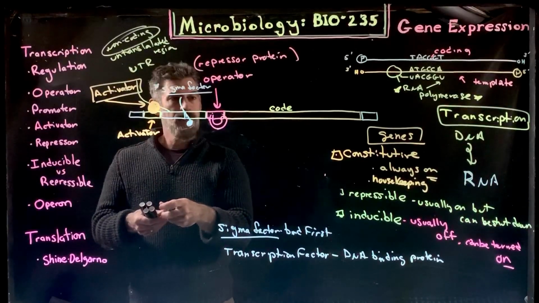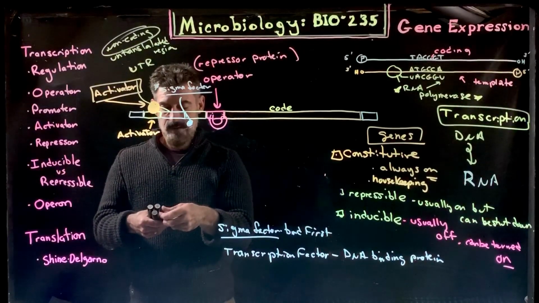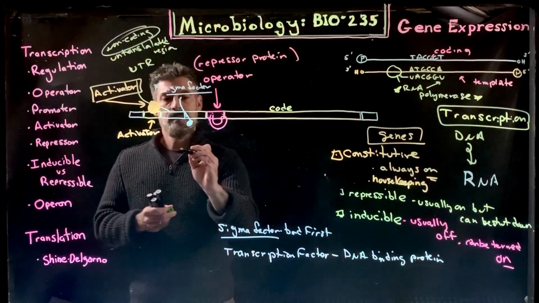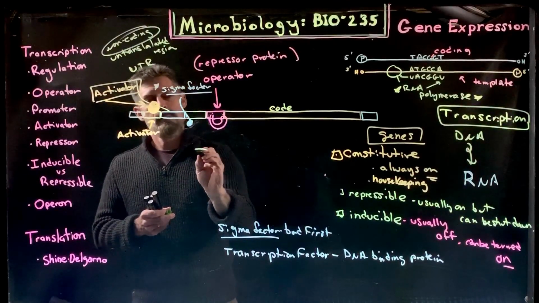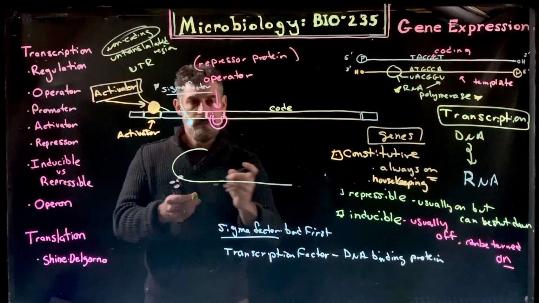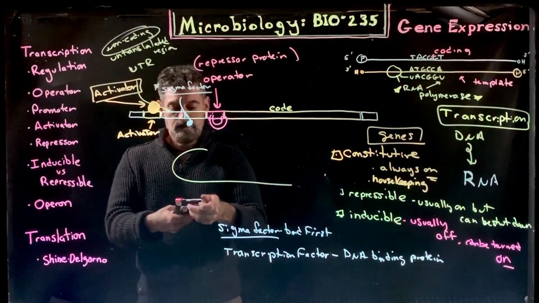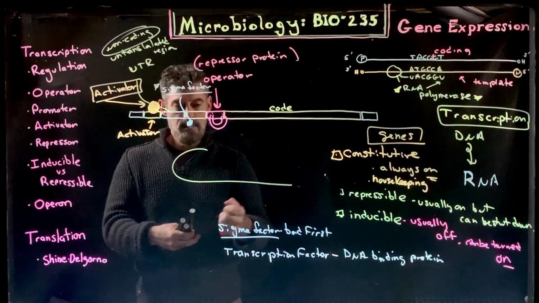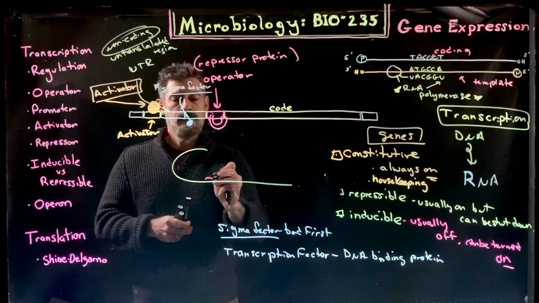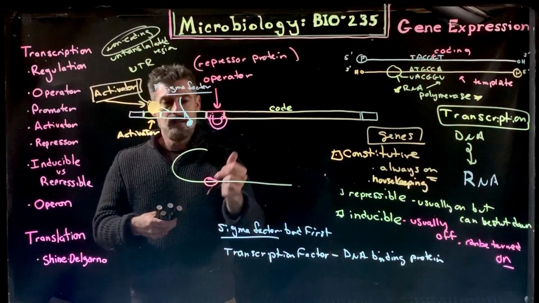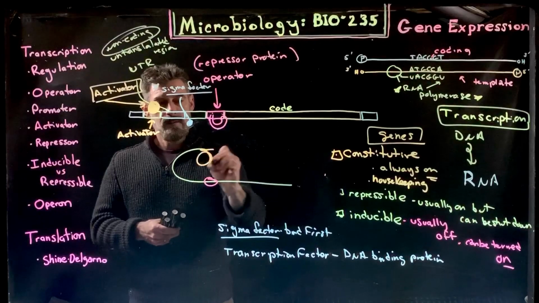And so what would happen is it would cause this DNA to, I'm just going to modify this little drawing here a little bit. We have this protein here, and then we have the activator on this region here.